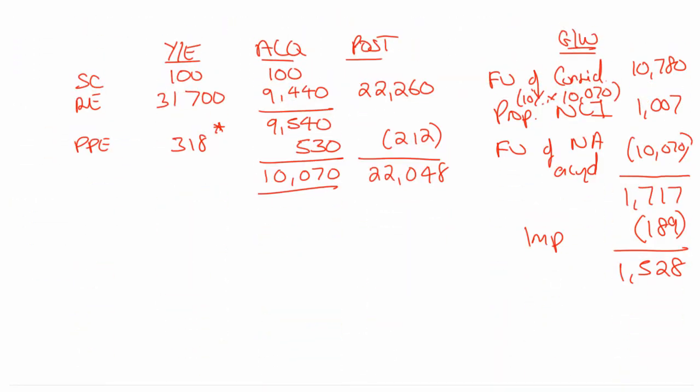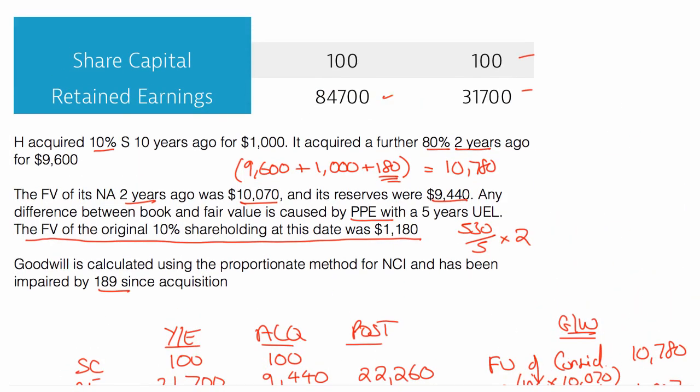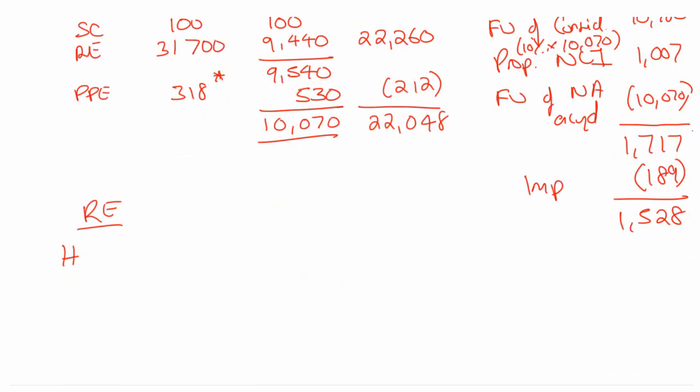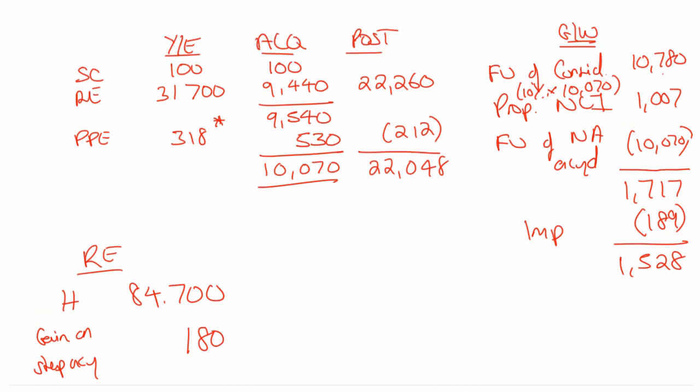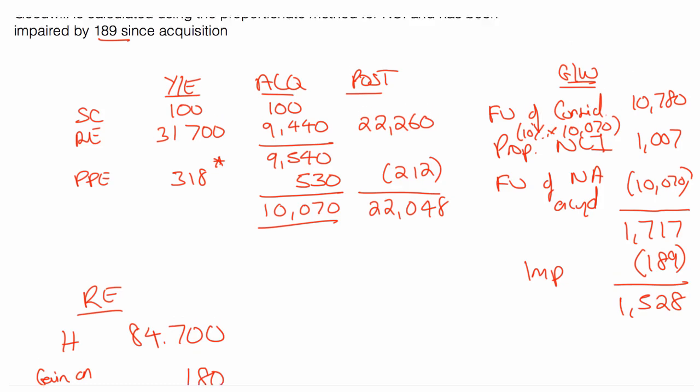Now, I want to do retained earnings next because I want to remember that 180. So retained earnings, all of H, straight from the question, 84,700. But it's also made a gain on that original 10%. So the gain on the step acquisition on the original 10% of 180, that goes in there. Okay, so I've increased it in the fair value consideration and I've increased it in retained earnings.